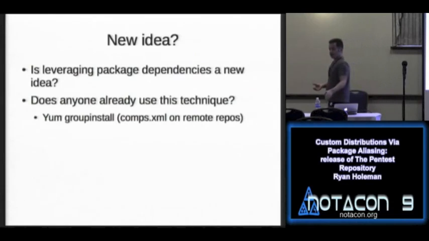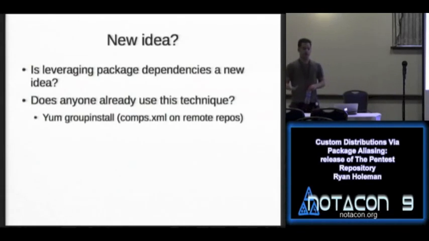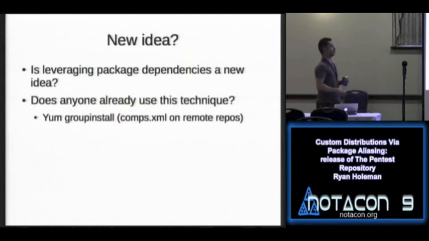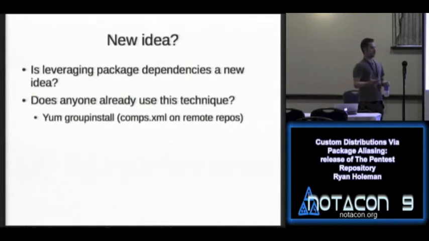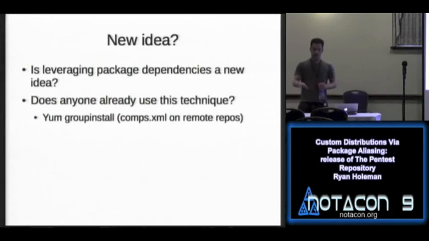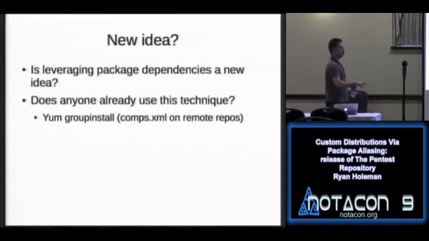The problem I have with it is I do a lot of package management across packages, right? So I'll make debs and I'll try and make an exact same similar RPM. So when I actually do the development for these things, I try to keep everything as generic as possible, right? So if I can leverage package aliasing the exact same way in a deb and an RPM, I would rather use that rather than a comps XML, right?